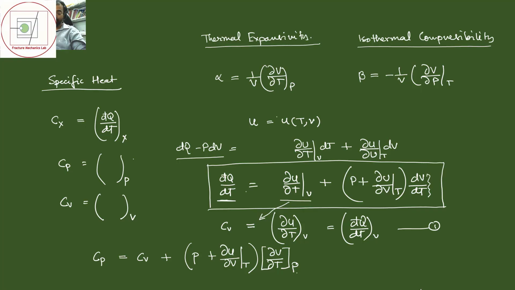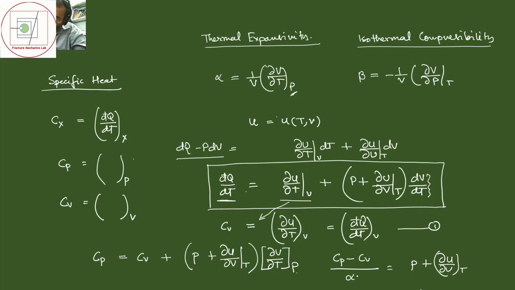Then I can write Cp minus Cv divided by del V by del T at constant pressure is equal to P plus del U by del V at constant temperature, and del V by del T at constant pressure is equal to alpha V.